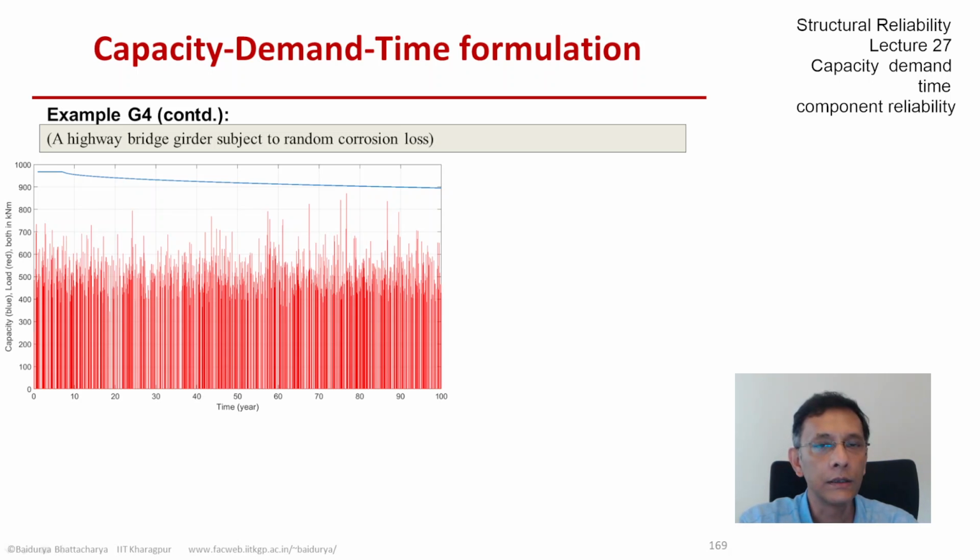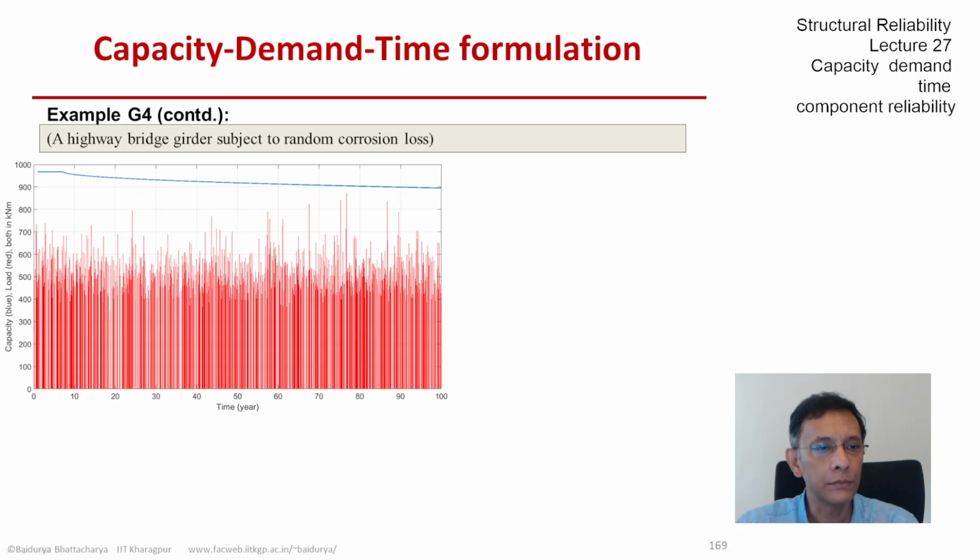So the red vertical lines are the Gumbel loads that occur as IID pulses through a Poisson process model, and the blue line that you see on the top is just one sample function of the strength, the bending moment capacity.